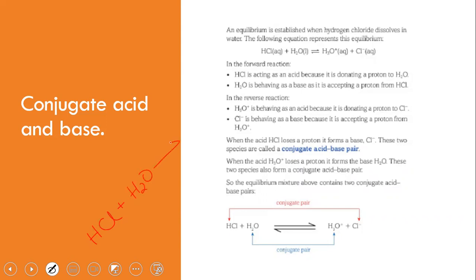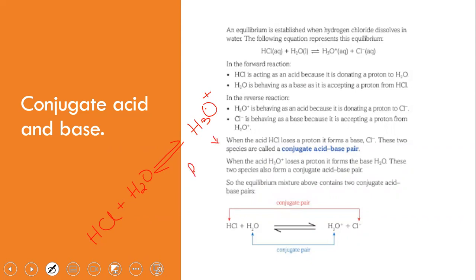If I react water with hydrochloric acid, water will act as a proton acceptor. It will accept the proton from hydrochloric acid and give us an ion known as H3O+.